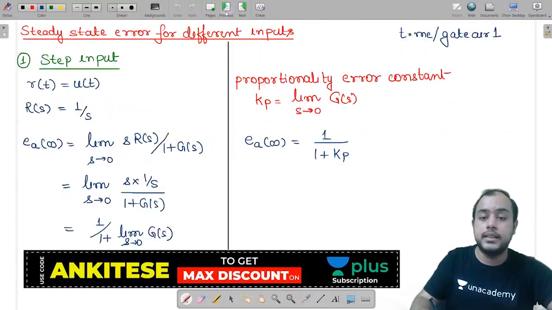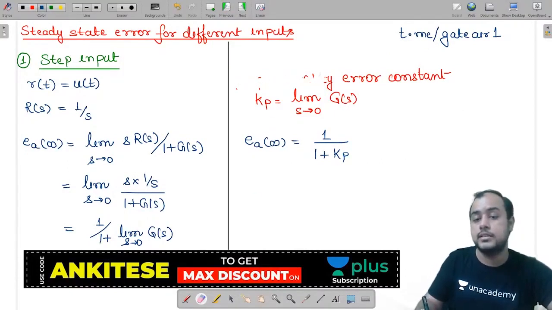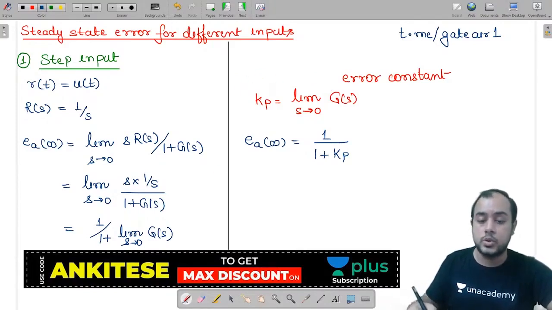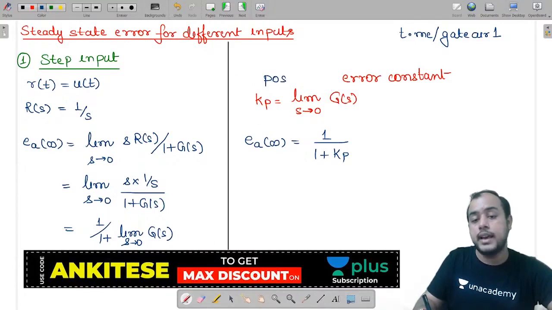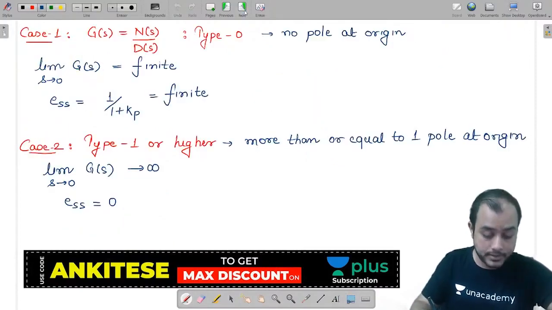Or basically this one, let me change the name, I got confused. This is the positional error constant. I keep getting confused between the proportional controller and this error coefficient.